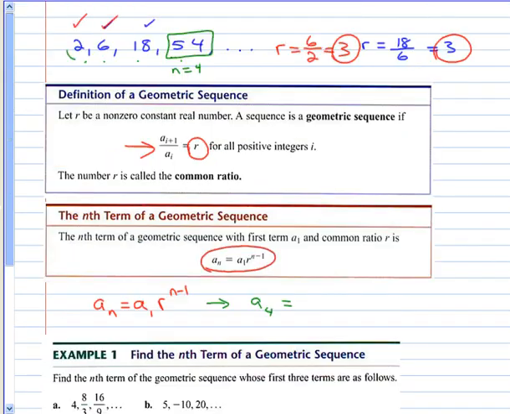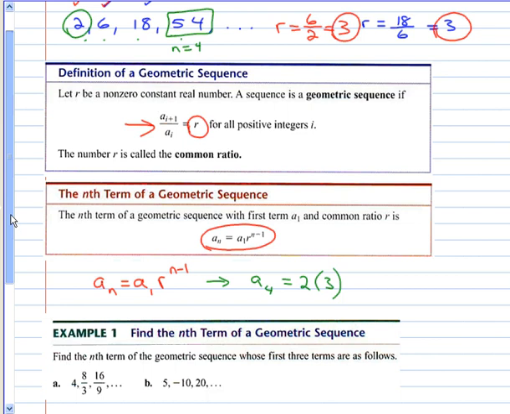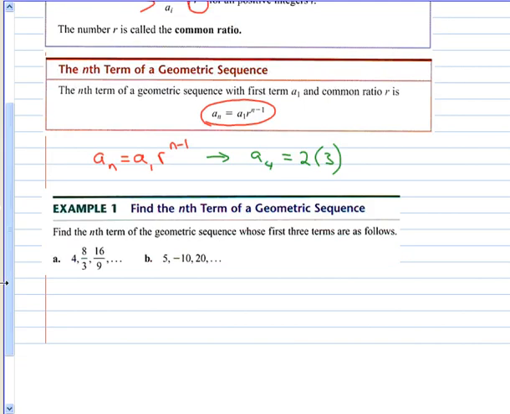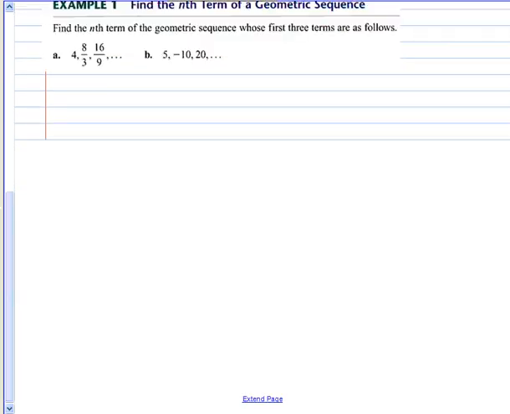What was our first term? 2. 2 times our common ratio. Our common ratio is 3, raised to the n minus 1 power. If I'm on the fourth term, 4 minus 1 is 3. Well, 3 cubed is the number 27. 2 times 27 equals 54. Check, it works. So make sure you know that formula to find any term in a geometric sequence.